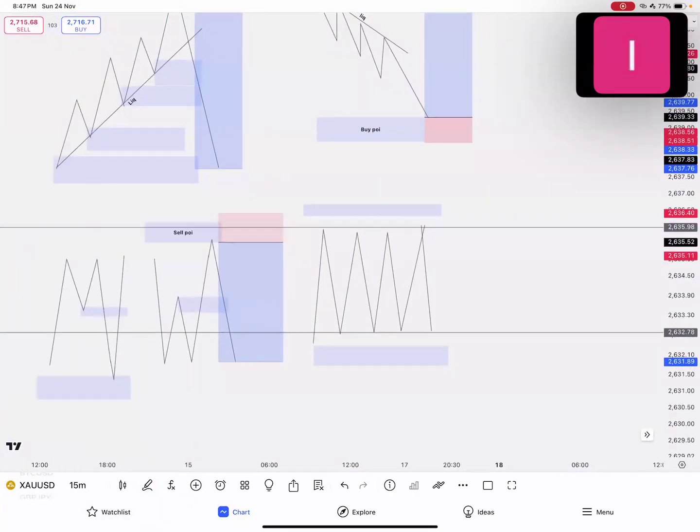What does it mean? It means that there's liquidity laying above here and there's liquidity also laying down here. So there's liquidity here.